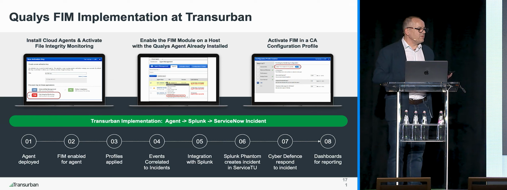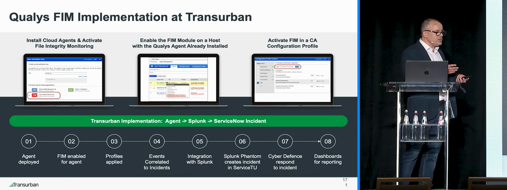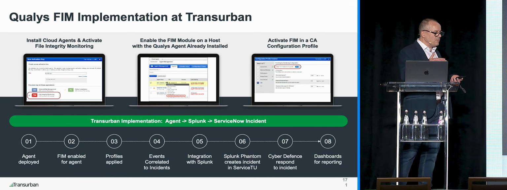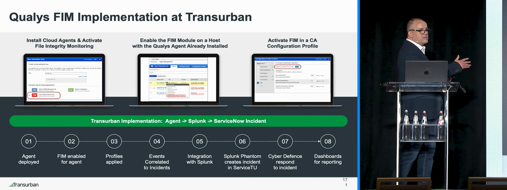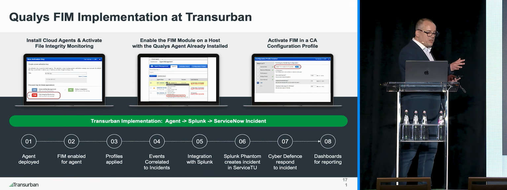So what did the Qualys FIM implementation at Transurban look like? Basically we had existing agents, which we were able to just turn on the FIM profile. So we enabled those. We applied FIM profiles. We took a look at the events that were generated. We tuned those. I think Lavish has talked about the noise filtering that FIM can offer you.